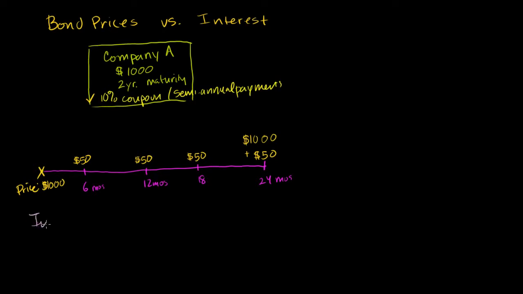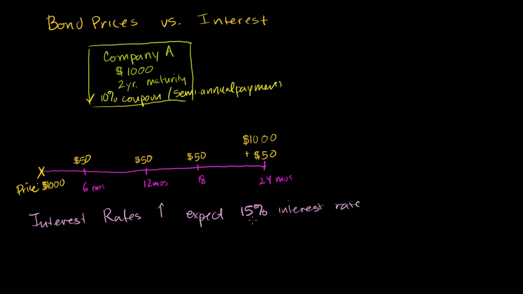So let's say that interest rates go up. And let's say they go up in such a way that for this type of a company, for this type of risk, you could go out in the market and get a 15% coupon. So let's say for this type of risk, you would now expect a 15% interest rate.